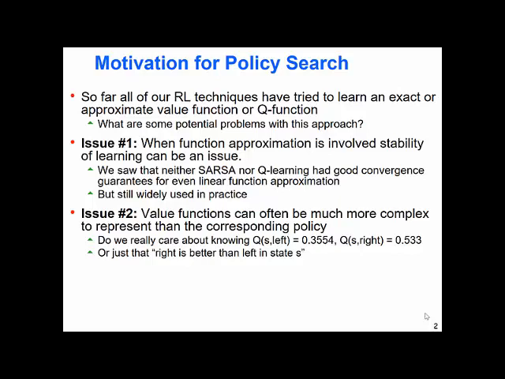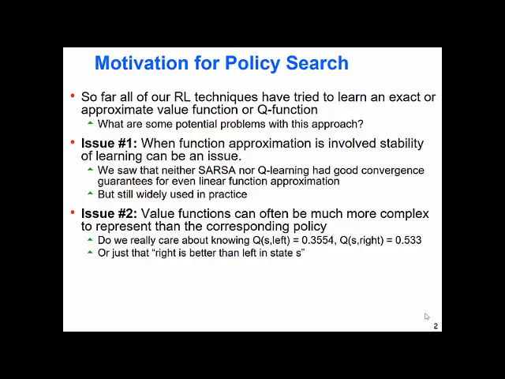So the Q function must tell you, it gives you a precise real number for every action. Whereas the policy, you can think of it as just giving a binary output for each action, like 1 for the action you want and 0 for the others. That's one way to think about it.